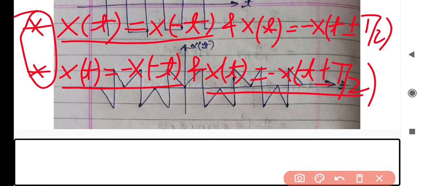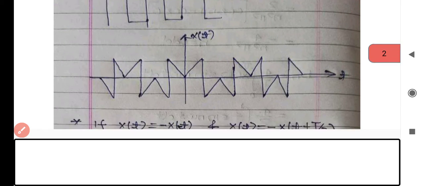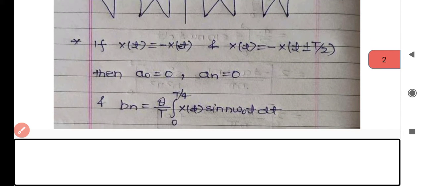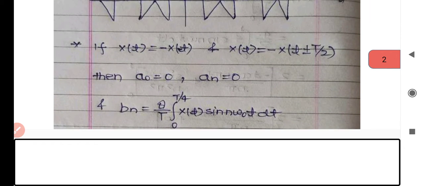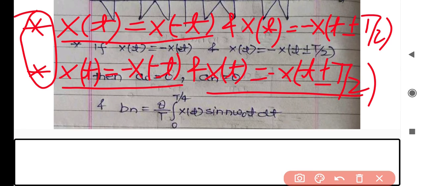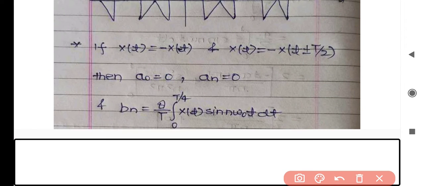So for the different cases, different coefficients will exist. Some of them will become 0. We will see them in the next lecture. As if the signal follows half wave symmetry with odd symmetry, this is an odd symmetric signal because it is written here x(t) is equal to minus x(minus t).